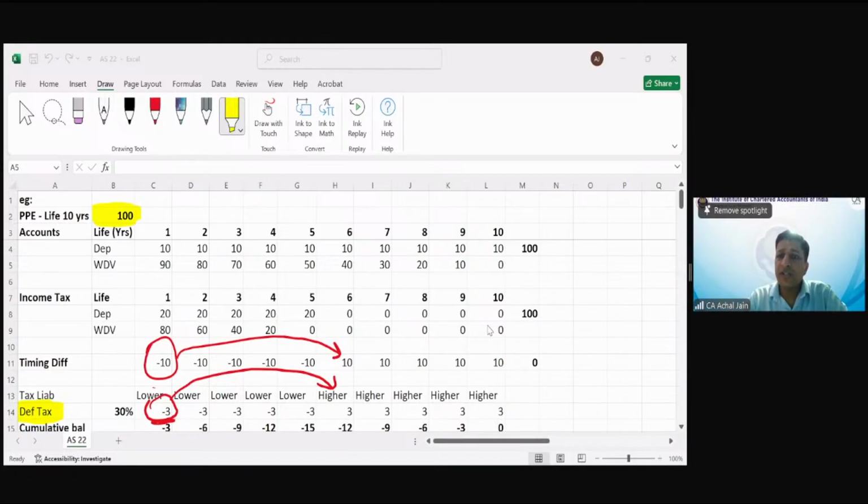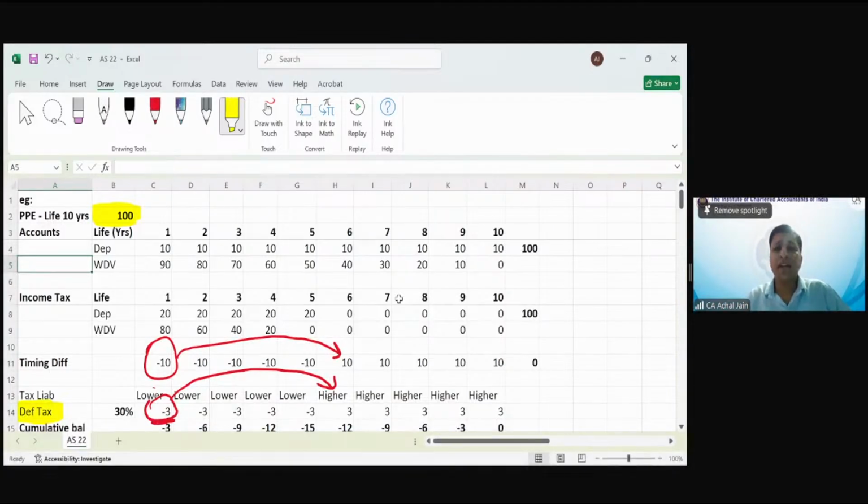Any more questions? Quickly. So you're saying, please show the accounting entry. You tell me that in the first year, when you have this situation wherein your tax liability is getting deferred, what should be the accounting entry that you will pass?